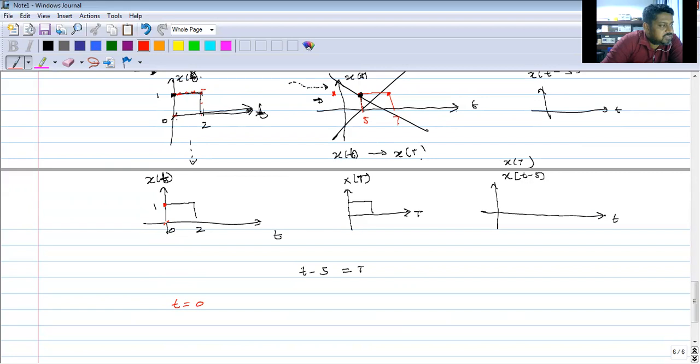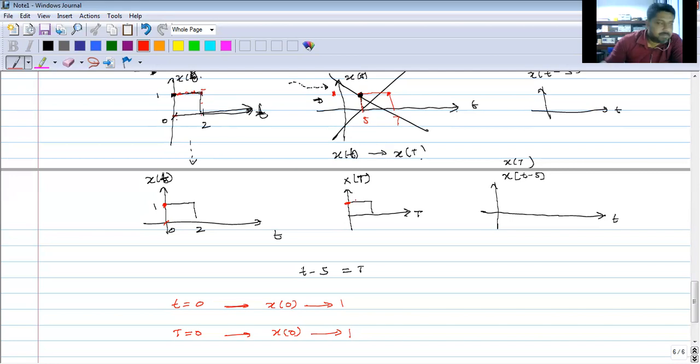This point is 1. So x(0) is equal to 1. This point, x(0), is equal to 1. So if you consider capital T equal to 0, the same point you will get, x(0), 1. That means this point.